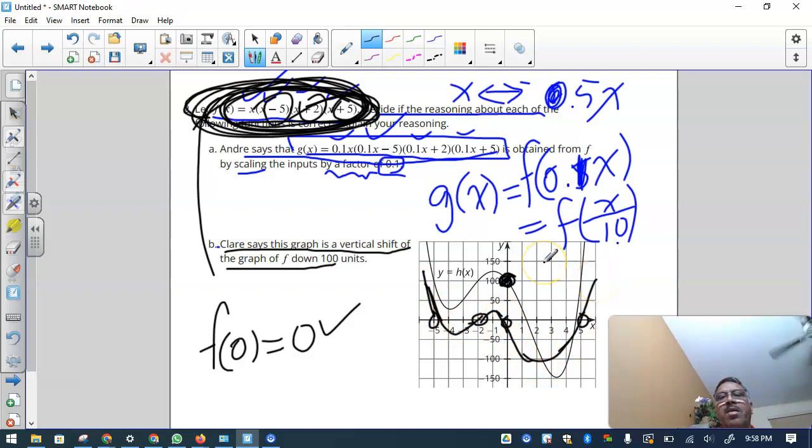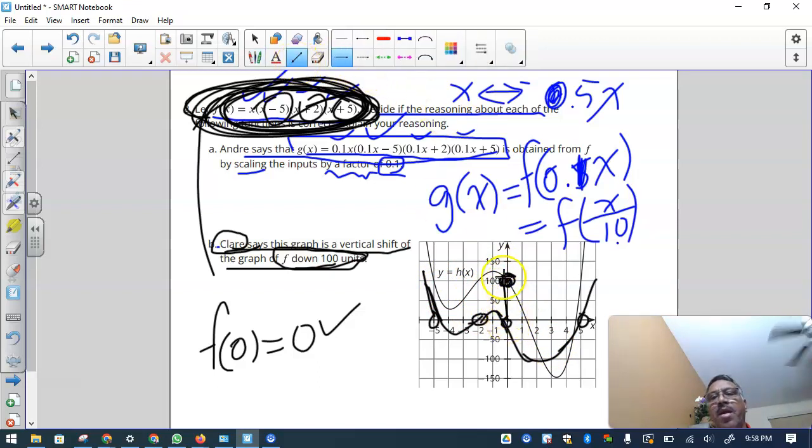So maybe the one they show here is the graph vertically shifted up 100 units, so not down. That's a mistake, so she's wrong. Claire is not correct. The right way would have been that this graph is shifted 100 units up here.